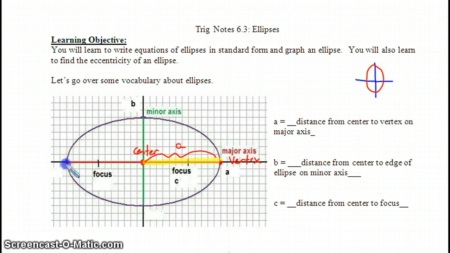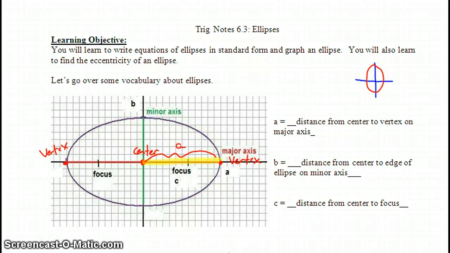So you actually will have two vertices on your major axis. We could also describe this distance here as A. I'm not going to draw that on the diagram because that can get kind of confusing. The distance from center to the vertex is A.